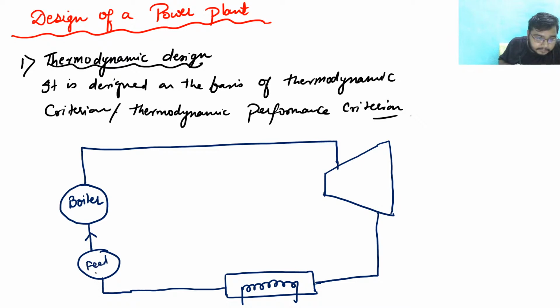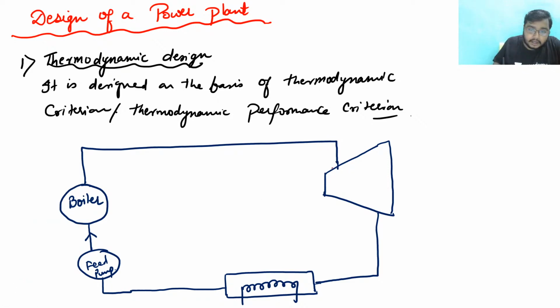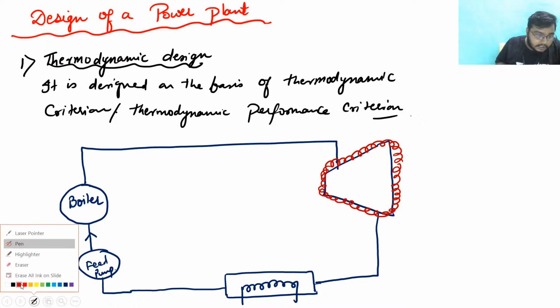I'm explaining everything. See here, first of all, this is my turbine, and the whole turbine is insulated, so that there is no loss of heat and adiabatic condition is maintained. Clear? So this turbine is totally insulated.